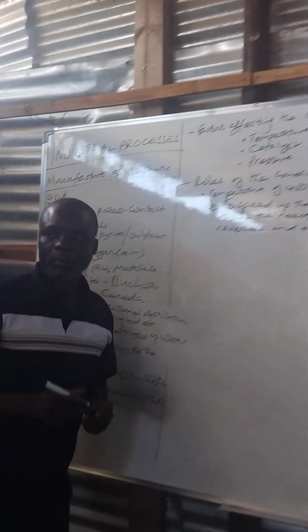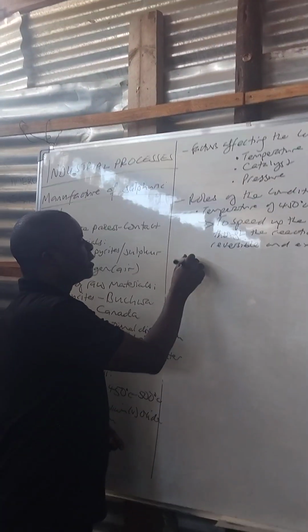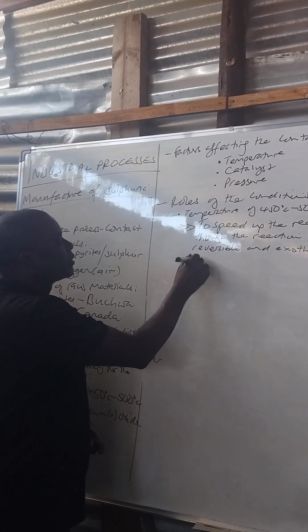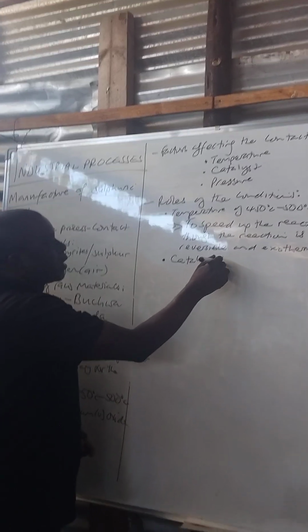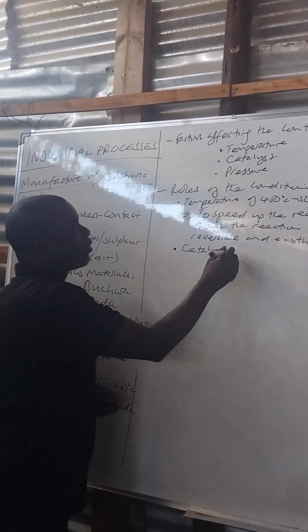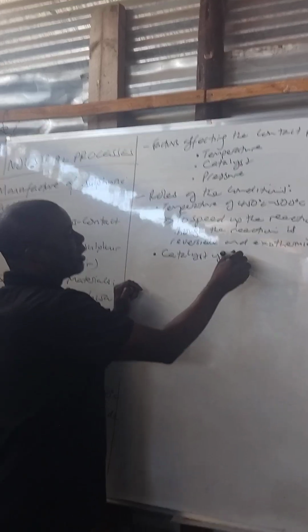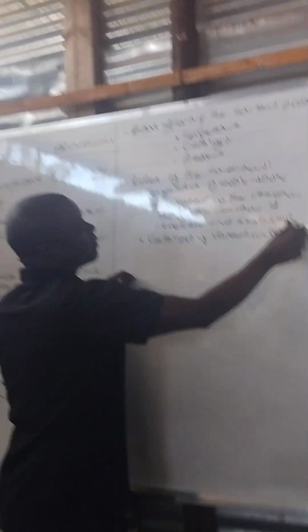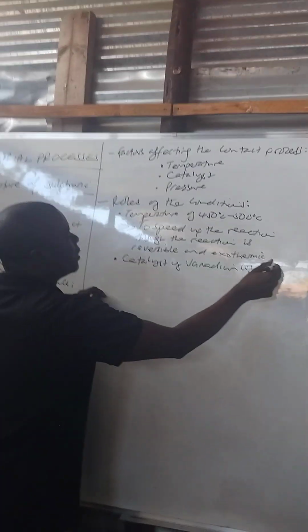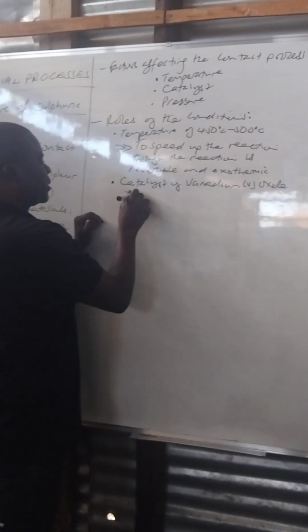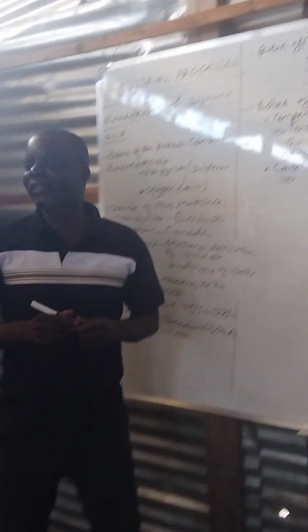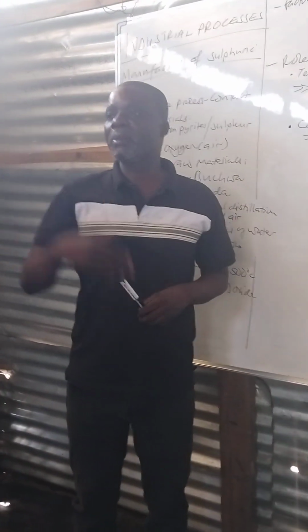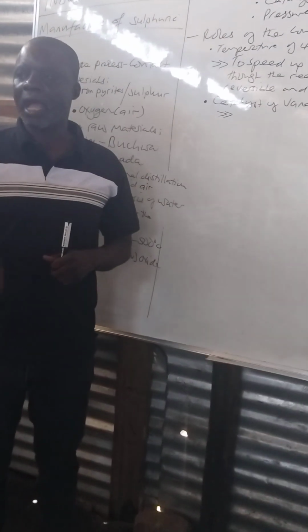And then what about the catalyst, vanadium(V) oxide? The catalyst is to speed up the reaction. How?